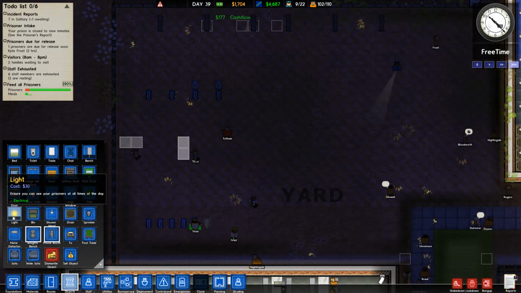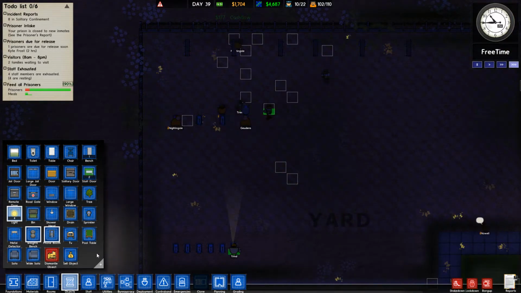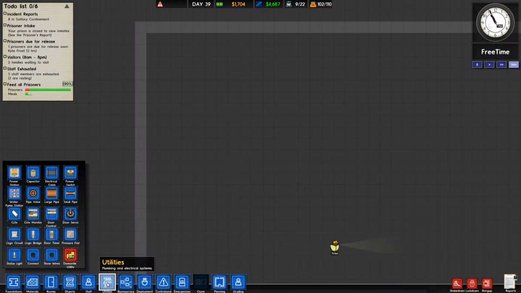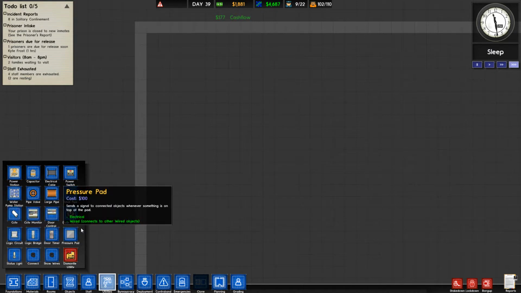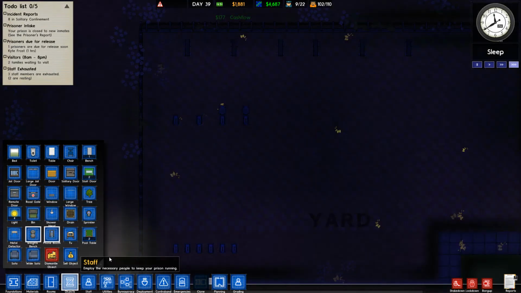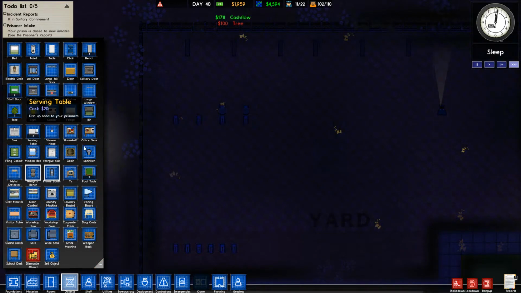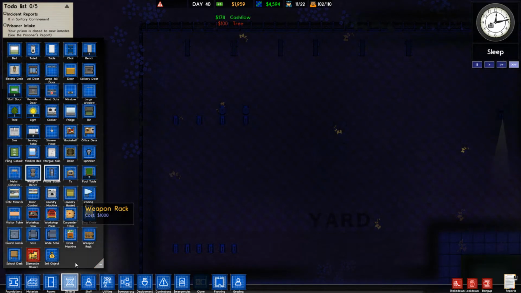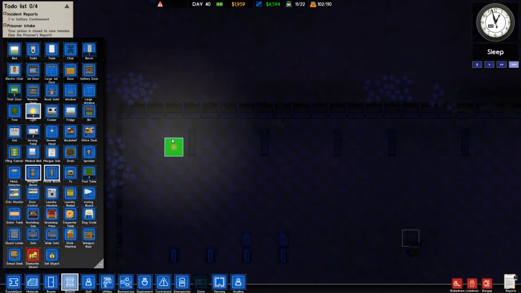I need a couple of lights in here. I have absolutely no idea what's going on. There was a sort of garden light, I think. Status light. That's not what I was looking for. Objects. An outdoor light of some sort. Oh, I guess it's just gonna be lights.